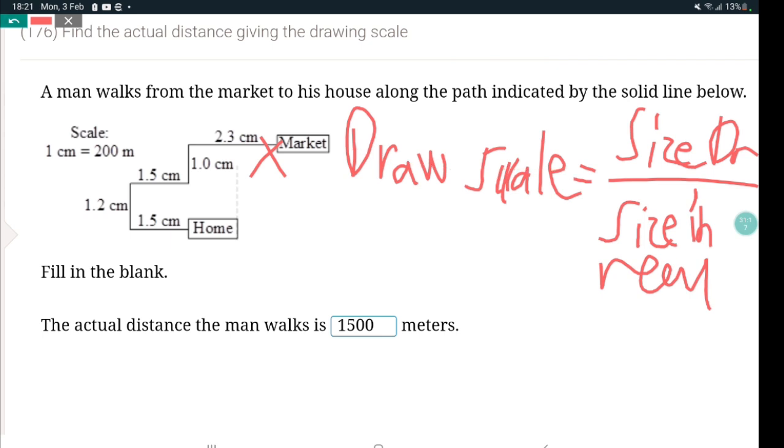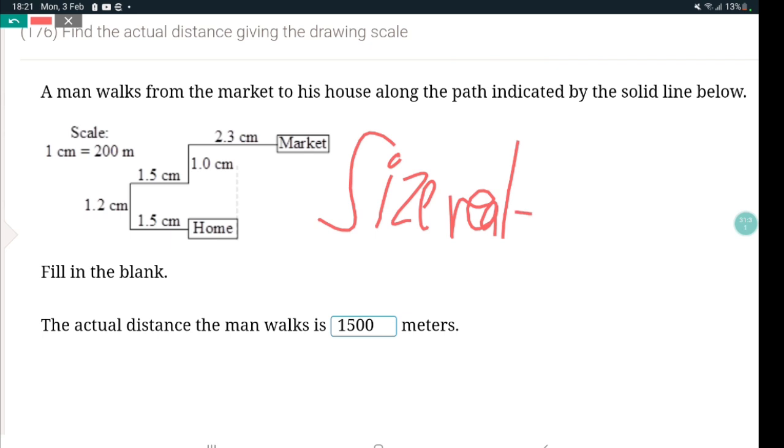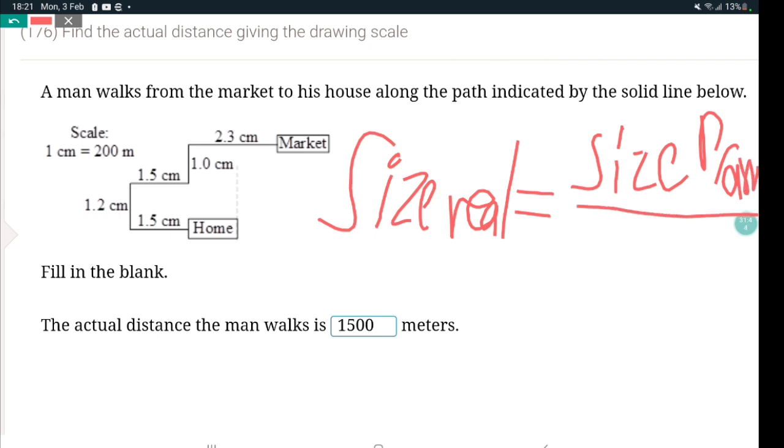So because we're trying to find the size in real life, the actual distance, the equation for size real is going to be equal to size on drawing over drawing scale. Okay, so this is our rule that we're going to use.